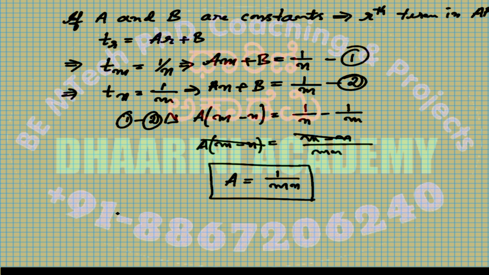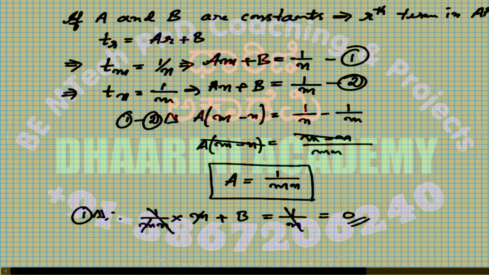Then let me find b using the first equation. A is equal to 1 divided by mn, so A into m plus b is equal to 1 by n. You can see that m cancels, and 1 by n and 1 by n cancel. So b is equal to 0.